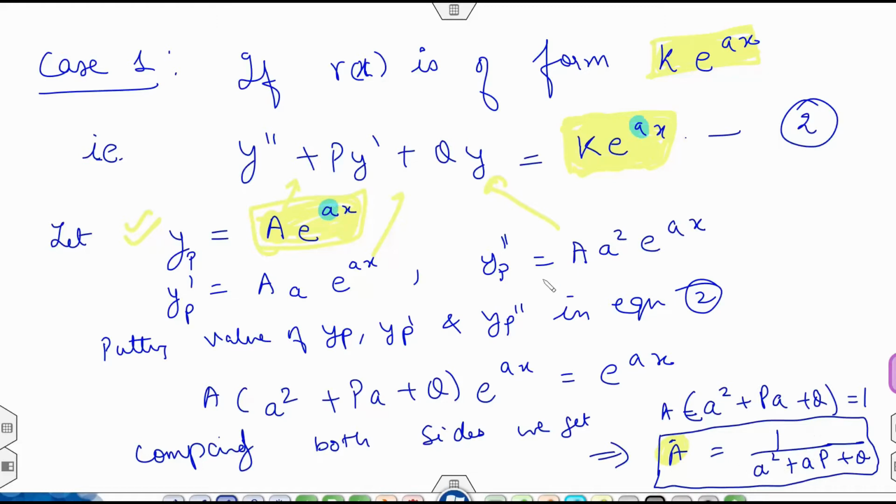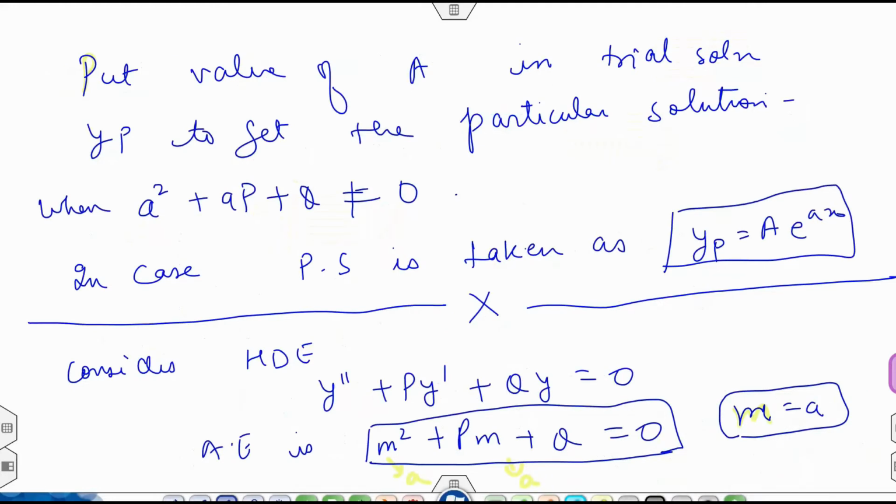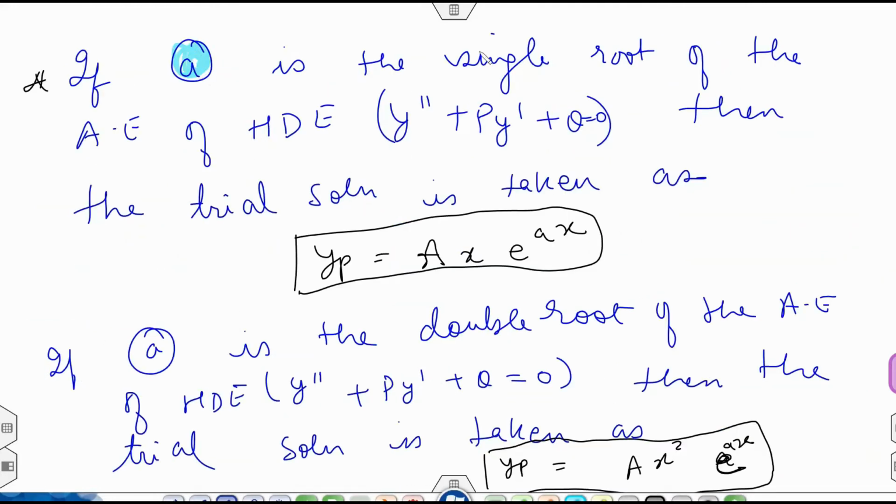So if a is not a root of the auxiliary equation which is formed by making it equal to 0, then the trial solution is this. Now if a is a single root, then your particular solution will be this. And if you have a double root, then the particular solution is this.